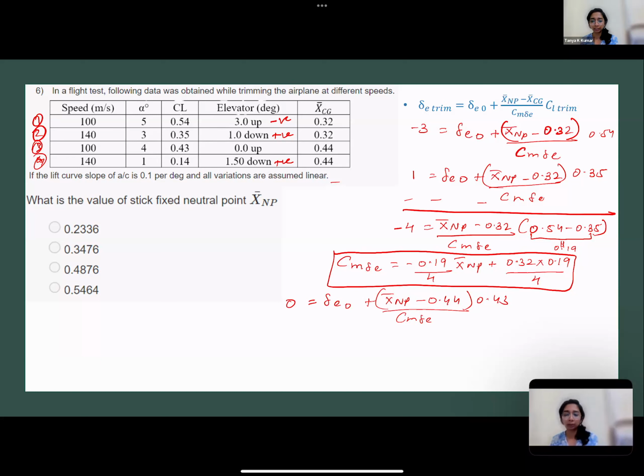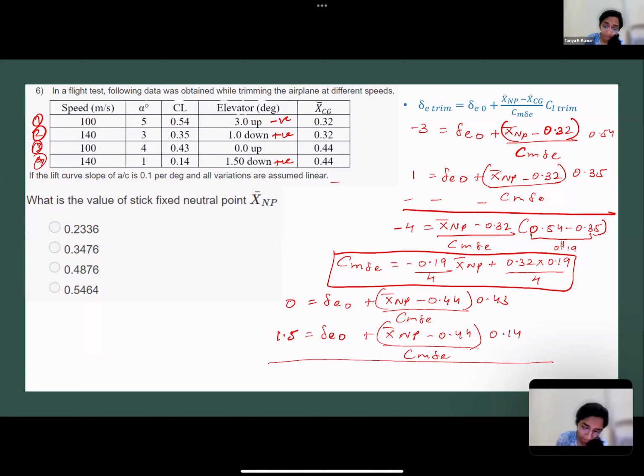Is 1.5 down positive or negative? It's positive. So 1.5 is delta E naught plus X bar NP minus 0.44 by CM delta E into 0.14. Again, subtract the second equation from the first one.